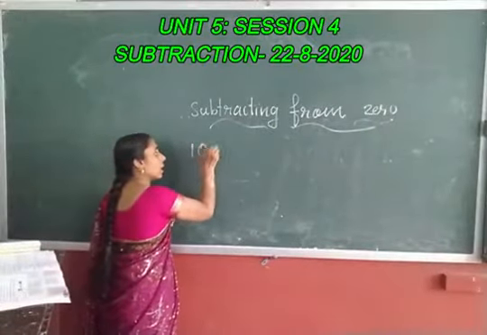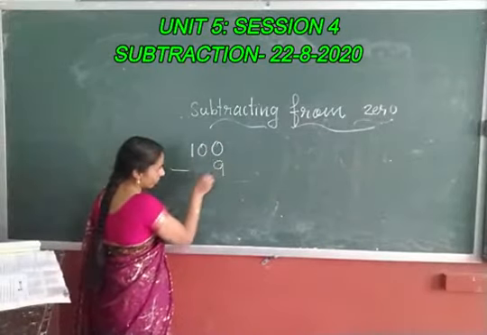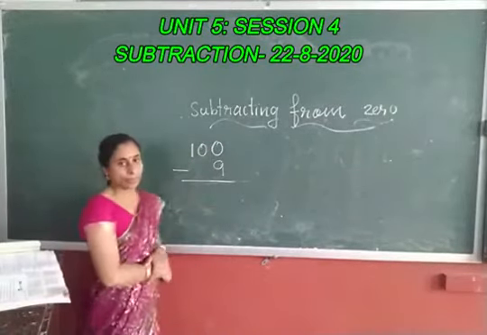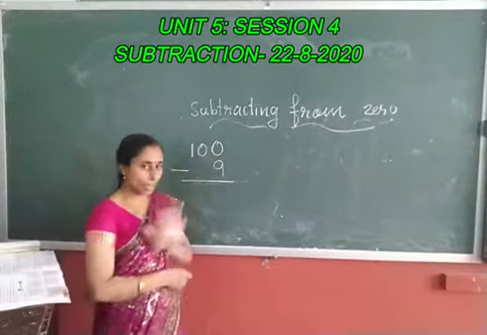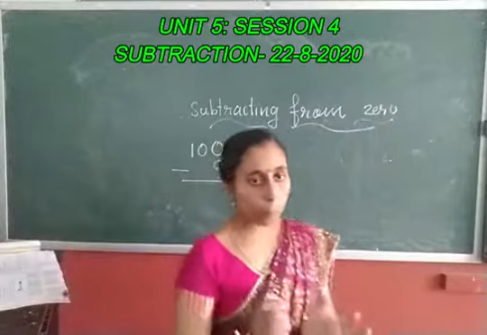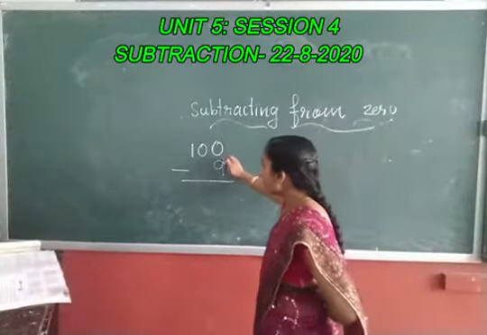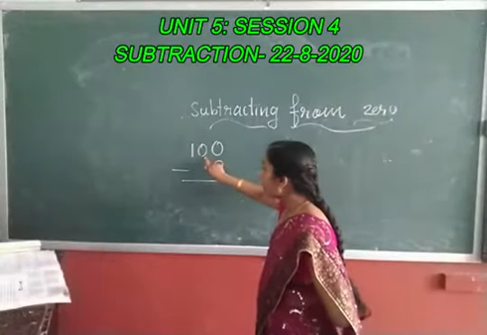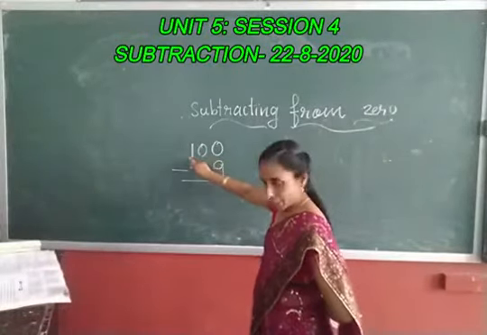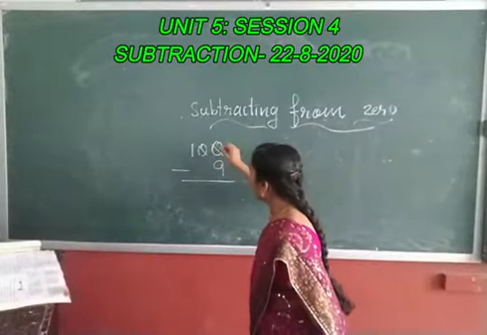Here, 100 minus 9. 0 minus 9 is not possible. So we should borrow from the 10's place, but the 10's place is also 0, so we should borrow from the 100's place.